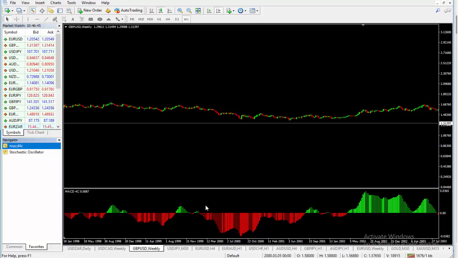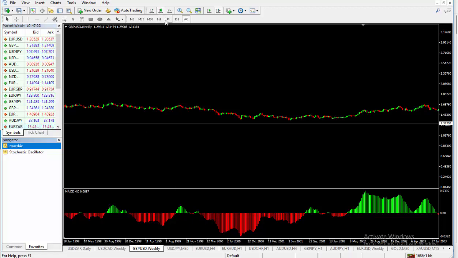it's divergence, which is the most common thing that we actually use the MACD for. So I'm gonna cover divergence for you guys, so you can understand divergence, and I'm gonna show you examples of trades that we took recently with divergence. All right.